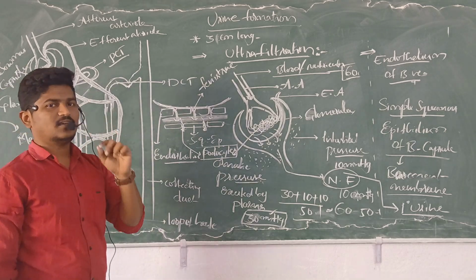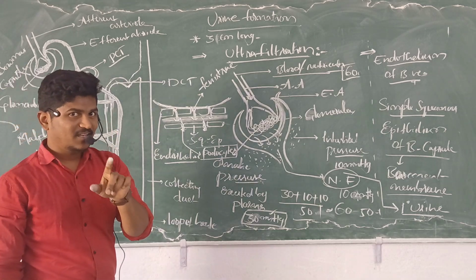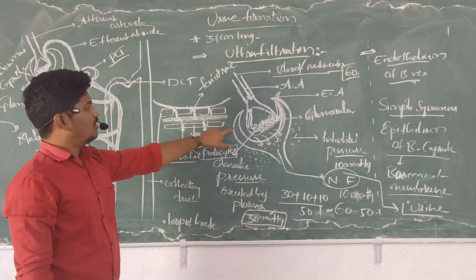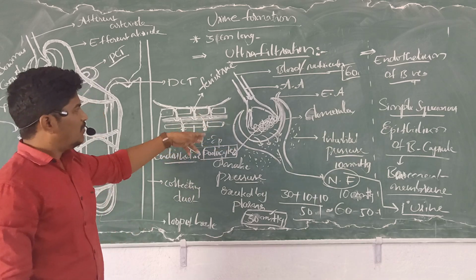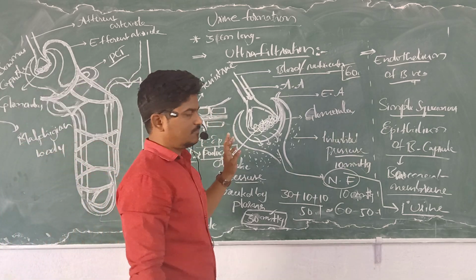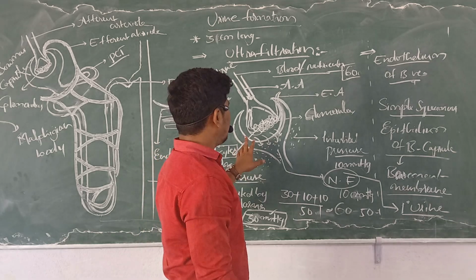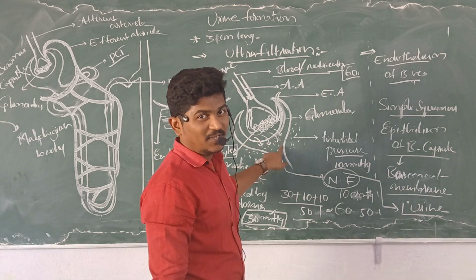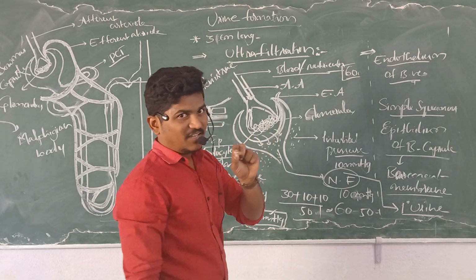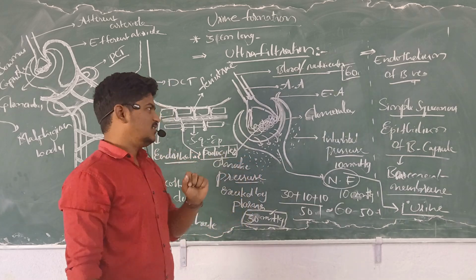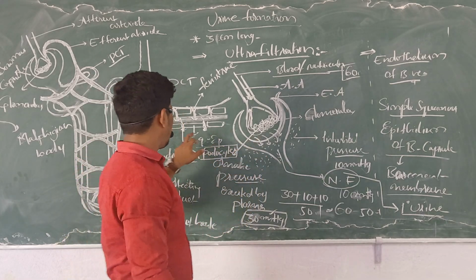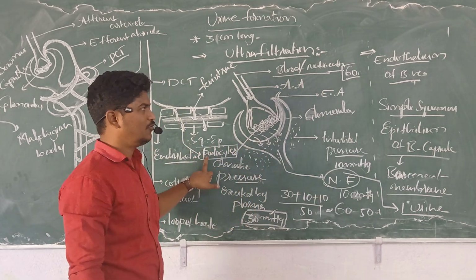The simple logic here: if absorption is happening, it should be a simple epithelial tissue. That is, squamous epithelial tissue is required. Why? Because only a very thin epithelium can absorb. That's the reason it is present here, and podocytes also help it to absorb.